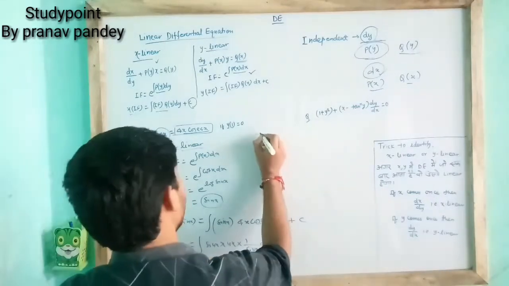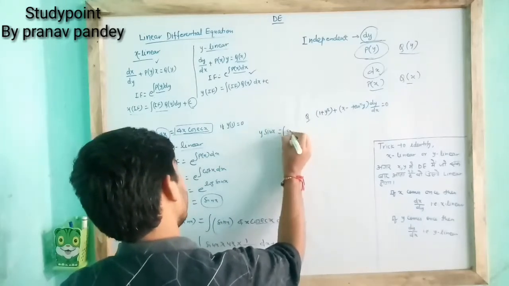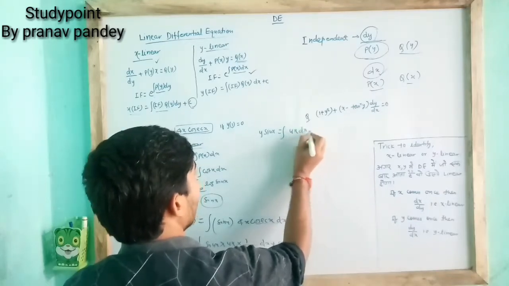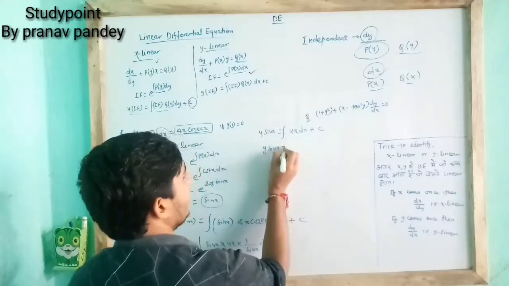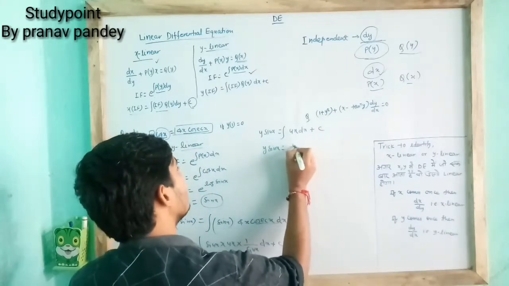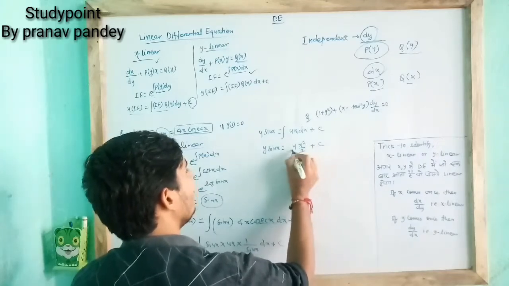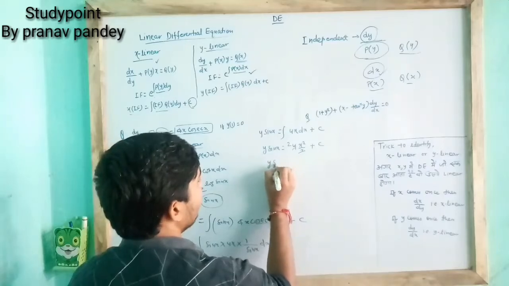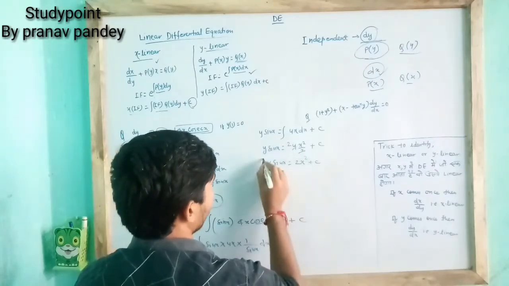So here we get y sin x is equal to integral of 4x dx plus arbitrary constant c. So y sin x is equal to integral of x is x square by 2 plus c, 2 cancels with the 4, so y sin x is equal to 2x square plus c.